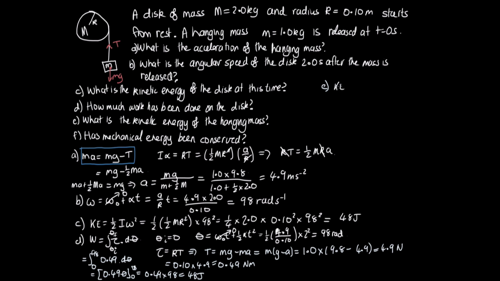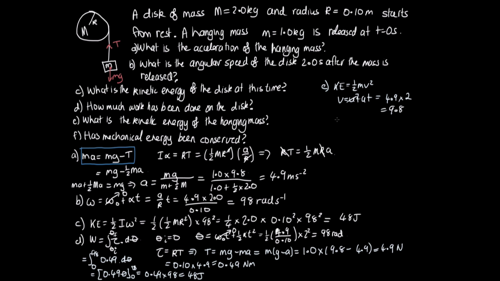We know that the kinetic energy is equal to a half mv squared. We've calculated the acceleration of the hanging mass in the first part, so we can use our kinematic equations to work out what v is. We can use v is equal to u plus at. It starts from rest, the acceleration is equal to 4.9, the time is 2 seconds, and so this is equal to 9.8.